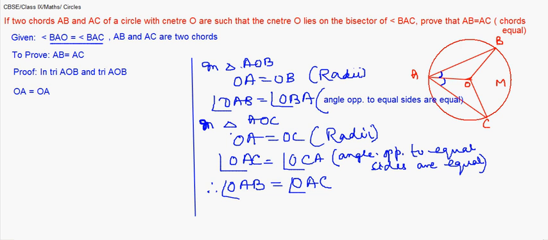Suppose this is equation 1, this equation 2, and this equation 3, or you can simply write it as BAO as well, as I have written in the given portion.